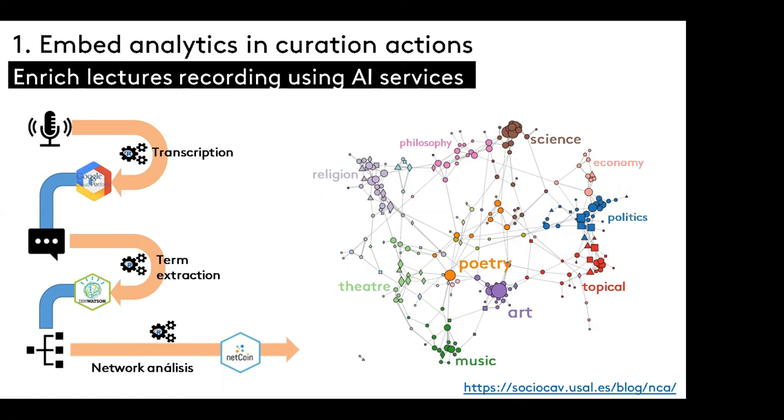Once we have that text of the lecture, we can send that text file to another AI service. In this case, we use a term extraction service, IBM Watson, that will, from that long text, identify authorities and the main keywords of that text.